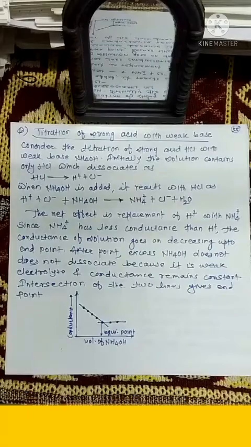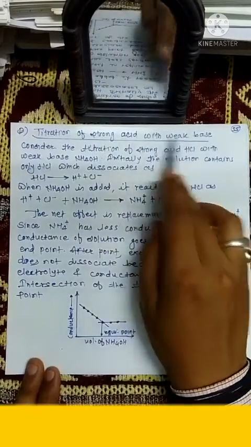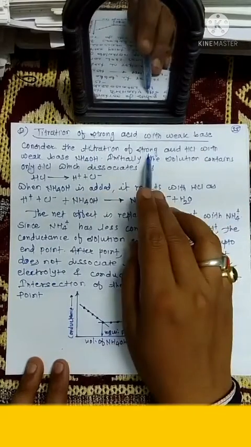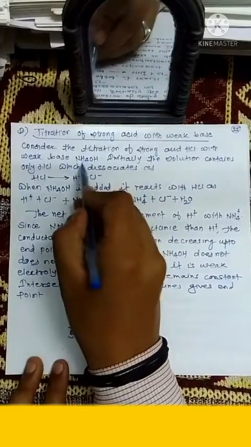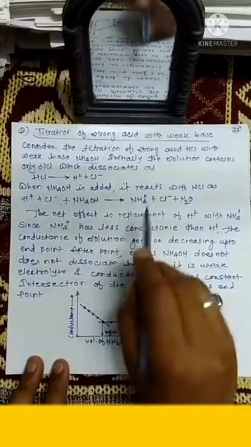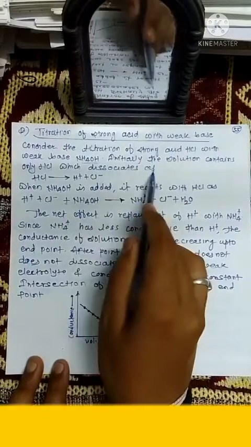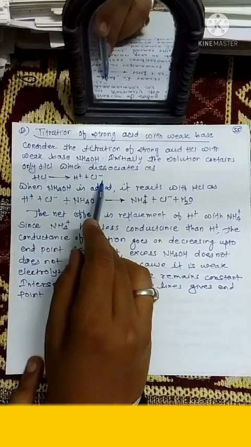The second titration which we are going to discuss is the titration of a strong acid with a weak base. Consider the titration of the strong acid HCl with the weak base ammonium hydroxide. Initially the solution contains only HCl, which dissociates into H plus and Cl minus.